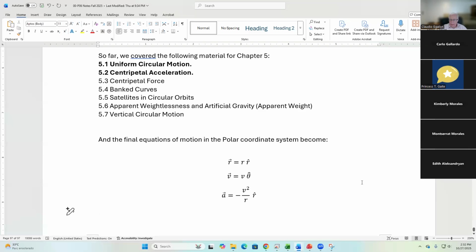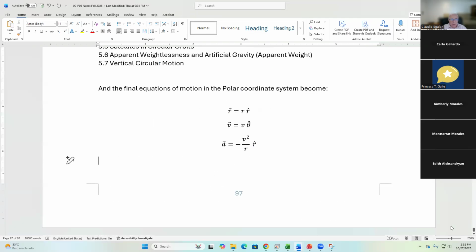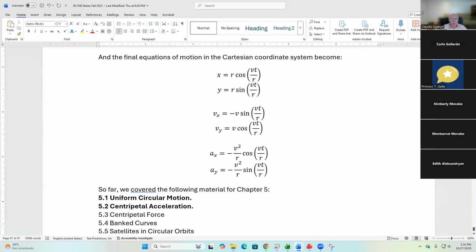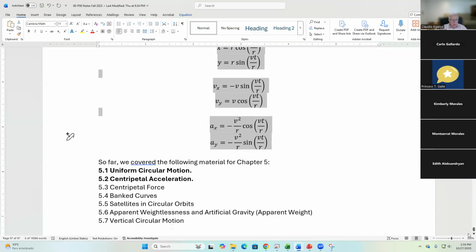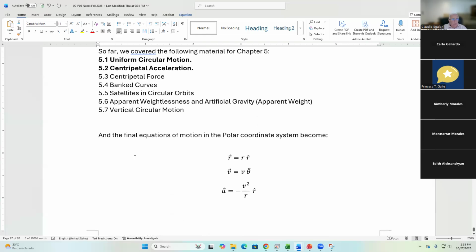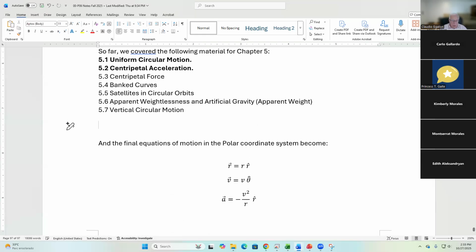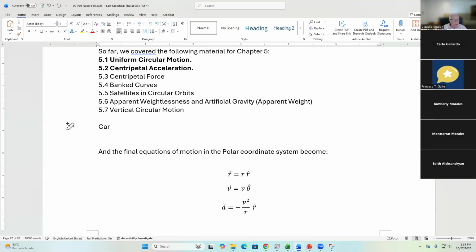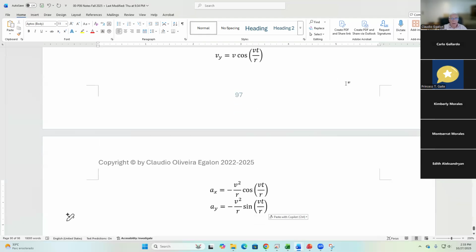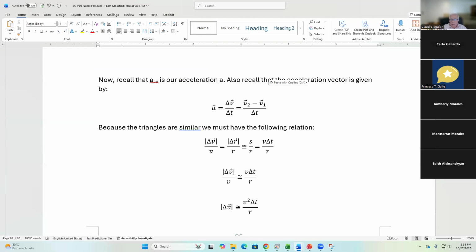Let's not forget that for the Cartesian, I'm going to rewrite the Cartesian in a different way: the position vector, the equations of motion in the Cartesian coordinate system, right?